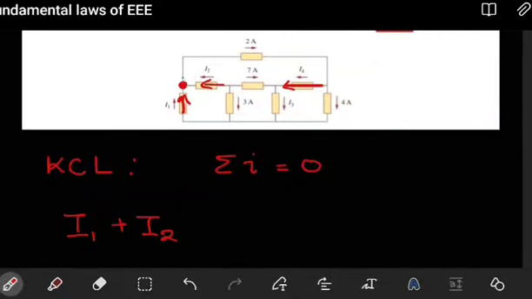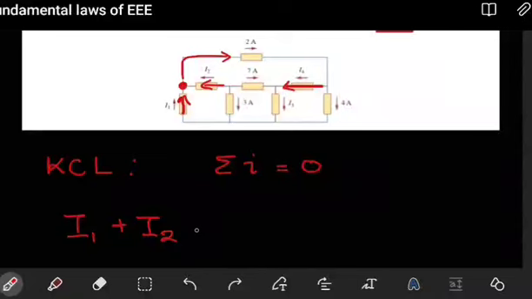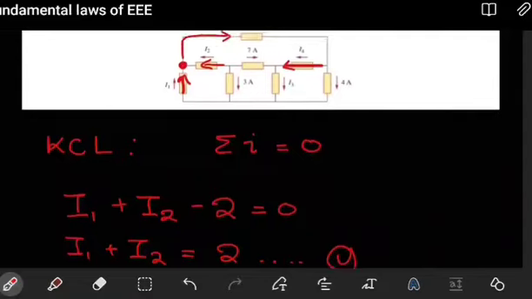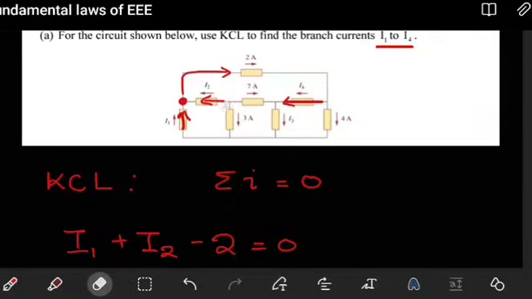Lastly, we have the current through this branch. That current is leaving, and I know it is leaving because of the direction of the arrowhead there. That current is a 2 amp current, so we have minus 2 amps. This has to be equal to 0, which reduces to I1 plus I2 is equal to 2 amps. So this is our first equation. We don't know what I2 is, so keep it like that.